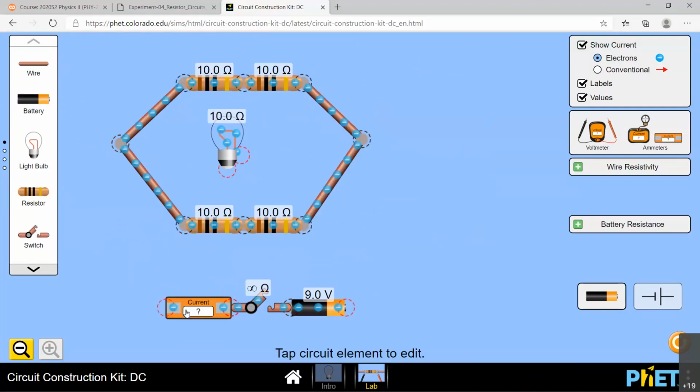We'll apply an ammeter also to see the total current passing through the whole circuit. Okay, all right, now that is our circuit. Now let's connect this light bulb in between the circuits. Good.